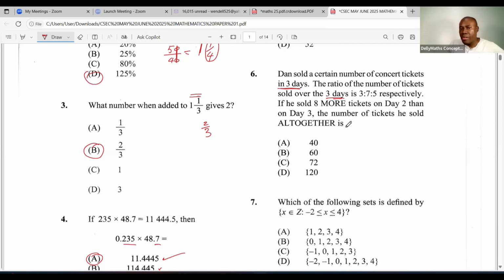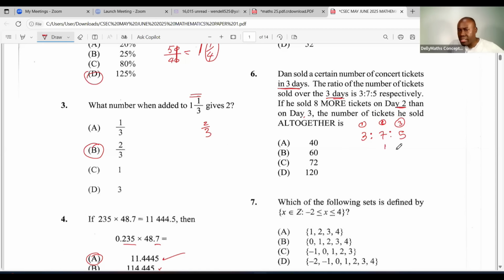All right, so let us take a look. This is day 1, day 2, and day 3. The question is saying that he sold 8 more tickets on day 2 than day 3.